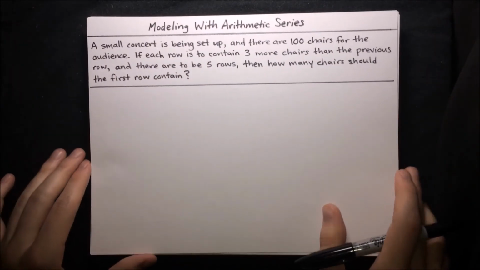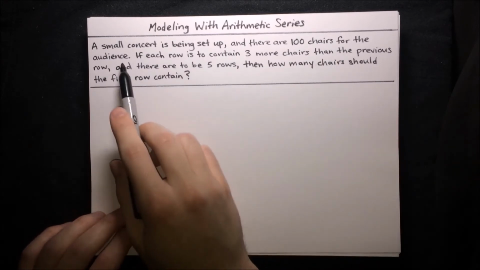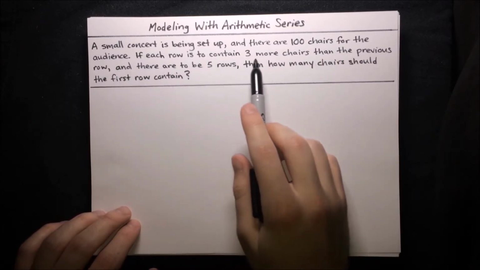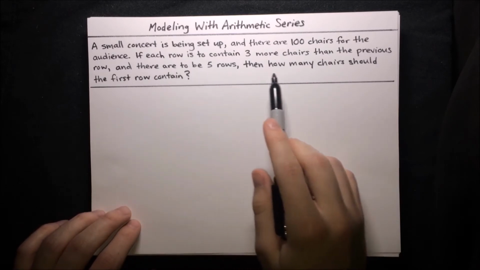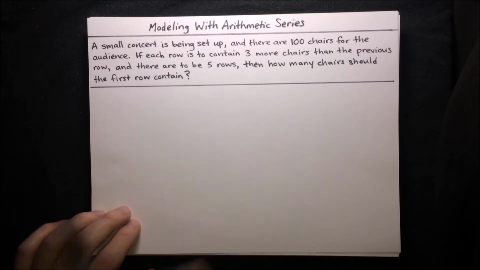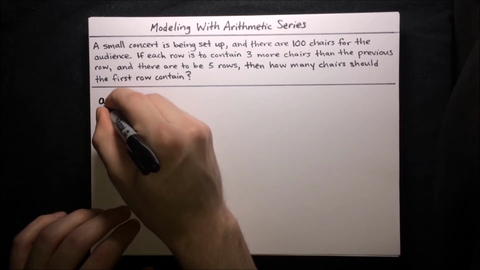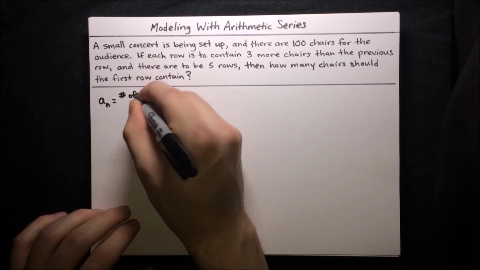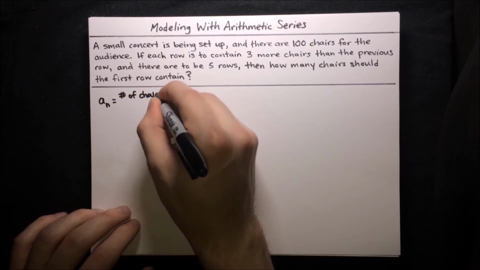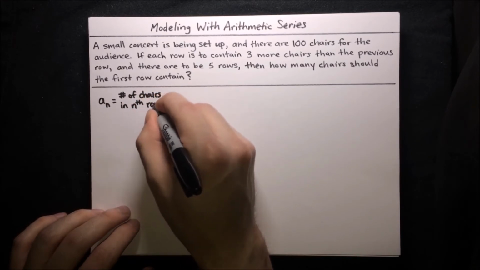Here's the next question. A small concert is being set up, and there are 100 chairs for the audience. If each row is to contain 3 more chairs than the previous row, and there are to be 5 rows, then how many chairs should the first row contain? Let's define our sequence again. We'll let a_n be the number of chairs in the nth row.